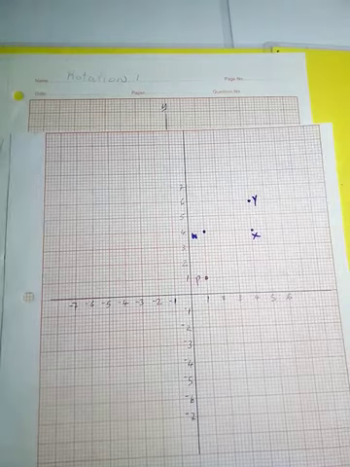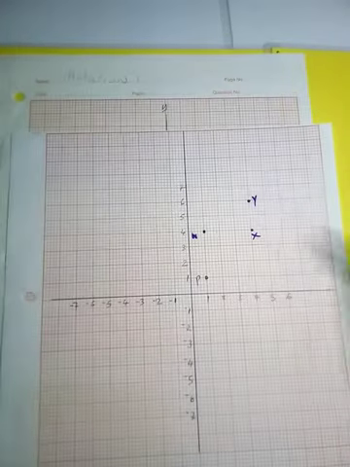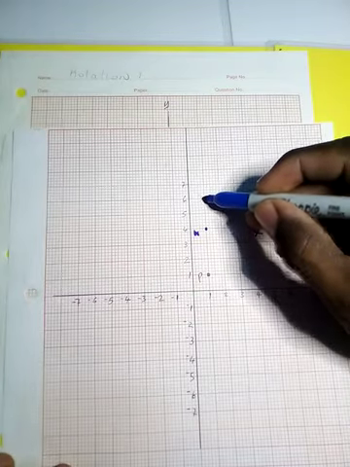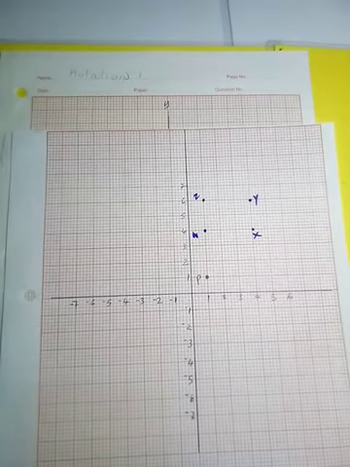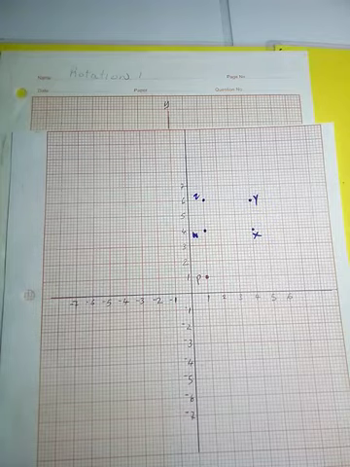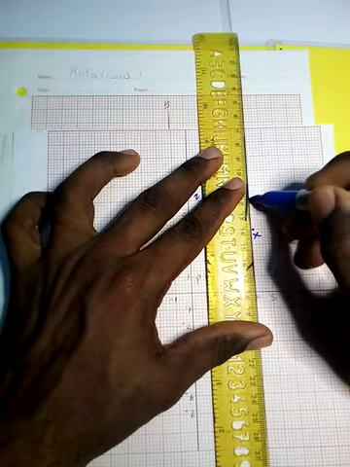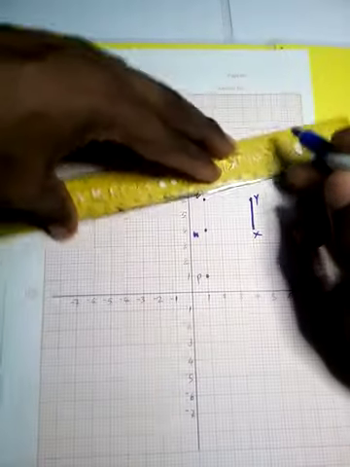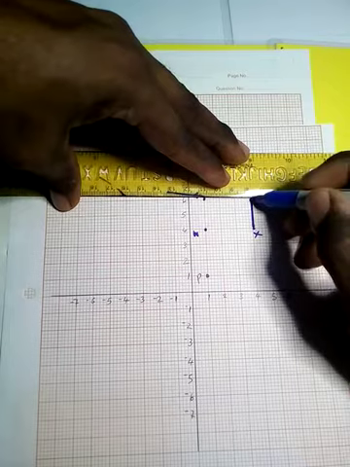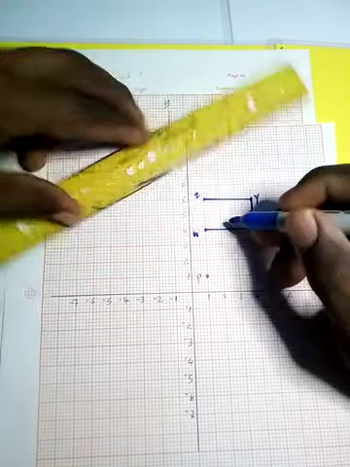And then we have Z at 1, 6. So we have our 4 points for our object. We can connect our points to create our image later on, but this is our object. So this is our quadrilateral for our object.